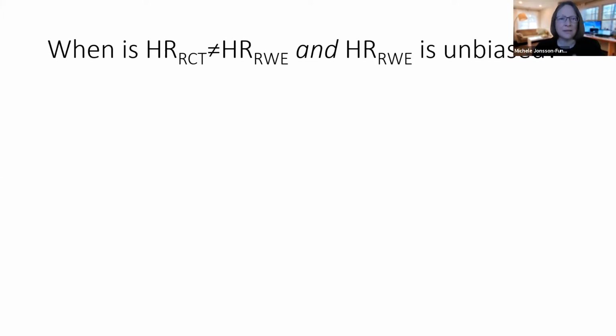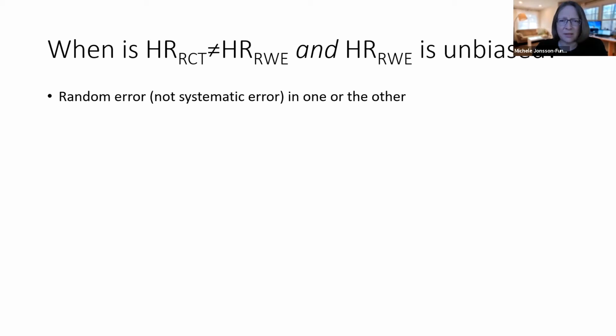Next, I know that we discussed the possibility of random error simply accounting for the difference in the estimates, or the precision around those estimates being really different. So we've seen examples of the real world evidence studies actually having much greater sample size and therefore more precise estimates that might, at least on the surface, imply a different answer.